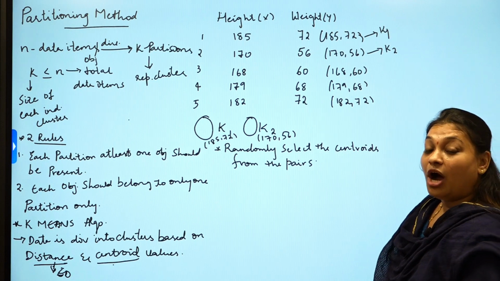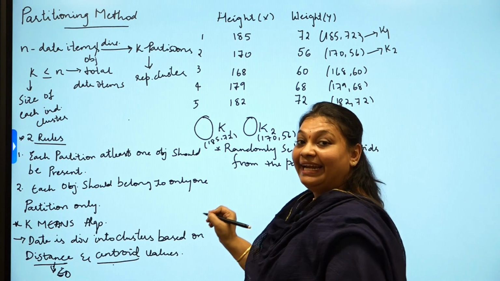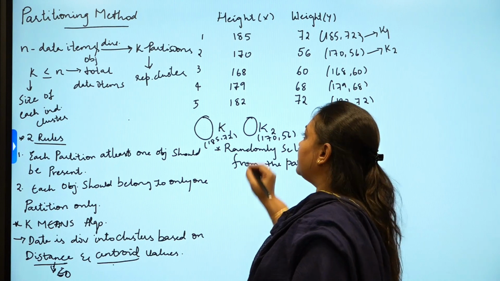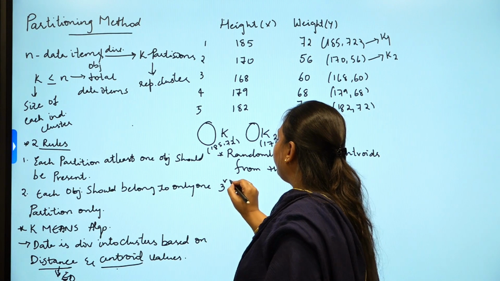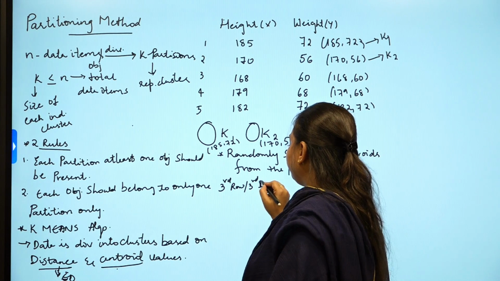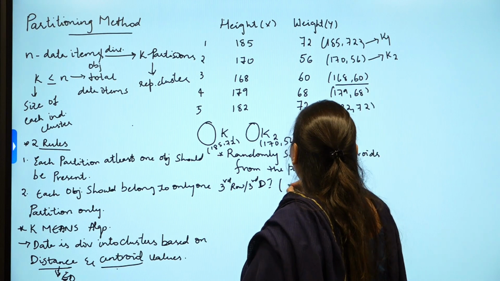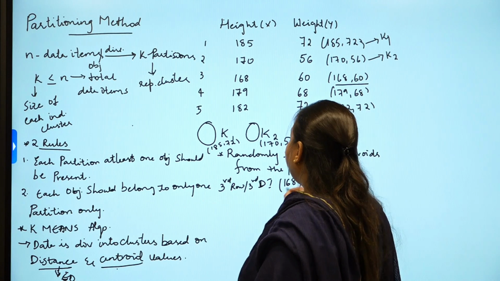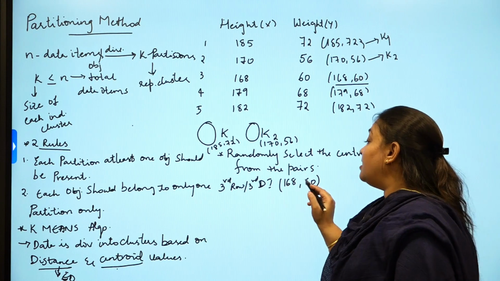Now what I have to do is use my ED, the Euclidean distance formula, to find the other things. I will start with my third row, or my third data item. What is my third data item? You can see the pair here, 168, 60. Now for this 168, 60, I need to check which cluster it belongs to.